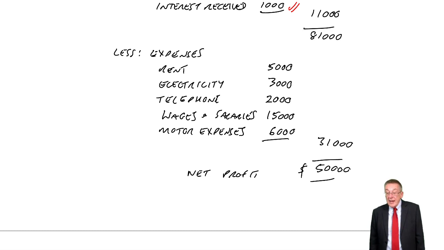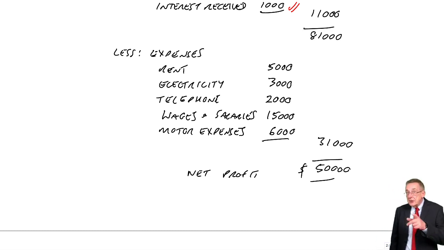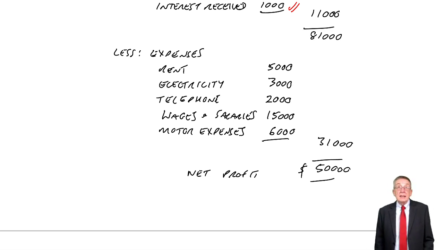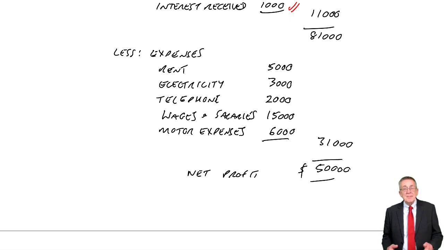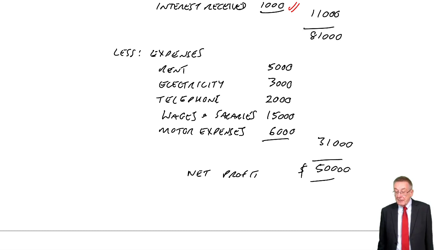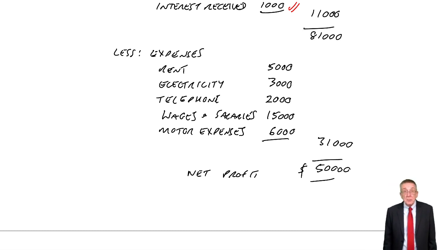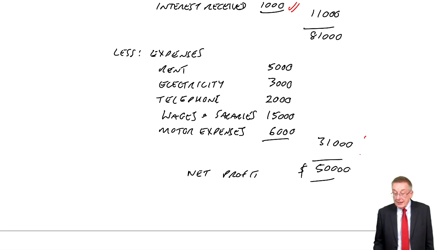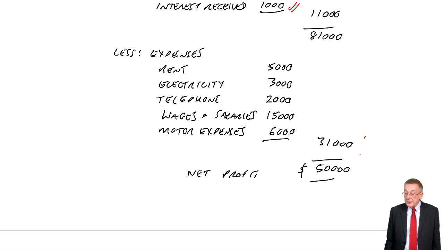Telephone, wages, salaries. But remember, anything to the owner is drawings, but other employees is an expense. Motor expenses: not the cost of buying your cars, but the cost of running them, so the fuel, the insurance, the repairs. Again, they're only examples, but we need to list all our expenses. Here the total comes to 31,000, and that brings our final profit, or our net profit, down to 50,000.